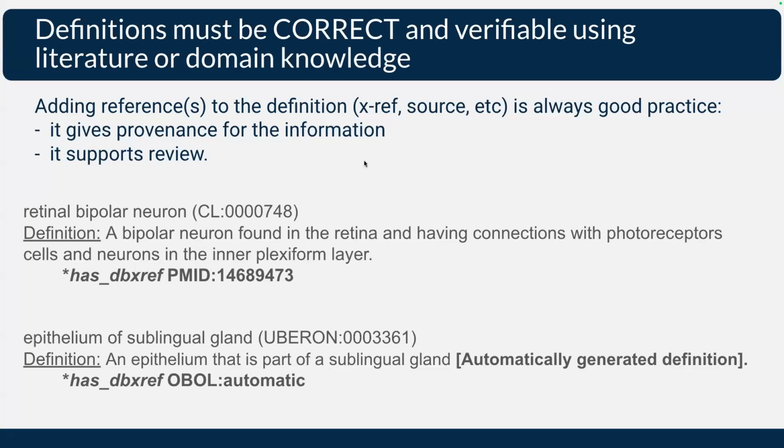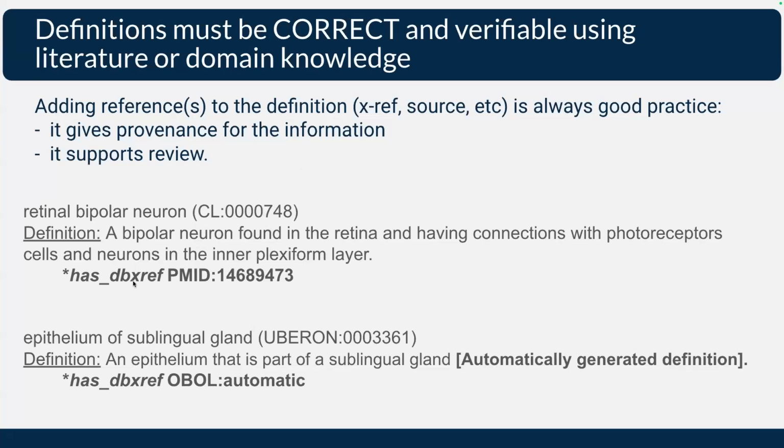Not only because it gives provenance for the information, but also if you need to review because new knowledge came to light, you need a way to figure it out, and having references really supports this review.